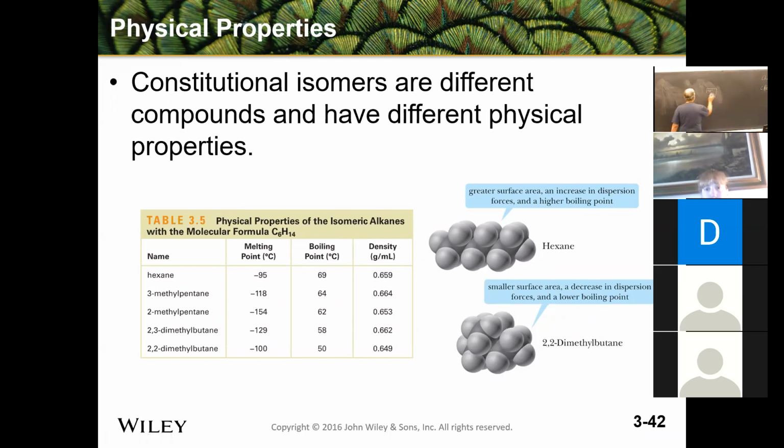Go ahead and draw the structures of these on the board. That's hexane, and this is 2,2-dimethylbutane.